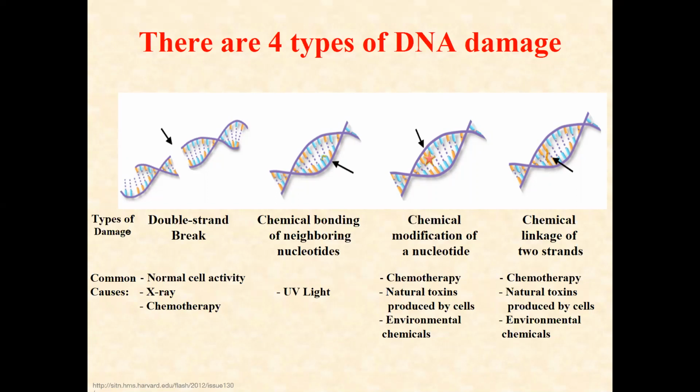In the next example, exposure to a large amount of energy, such as that from the UV light produced by the sun, can cause two neighboring nucleotide bases to chemically attach to each other. Other chemicals within the cell can also attach themselves to individual nucleotides or actually connect the two strands of the DNA together.